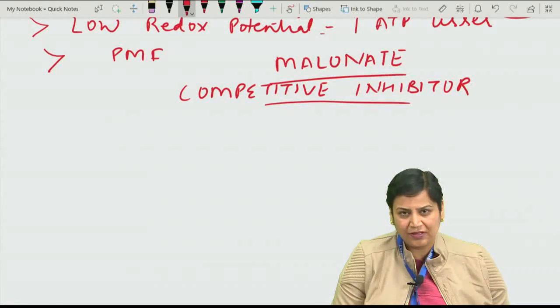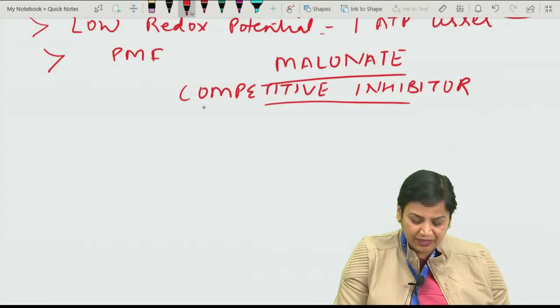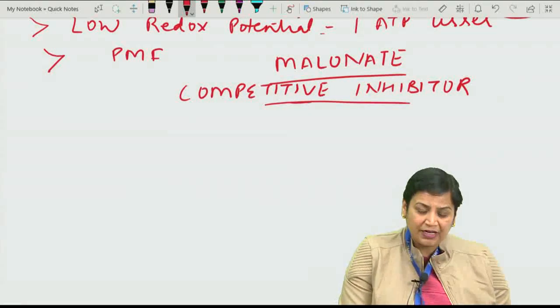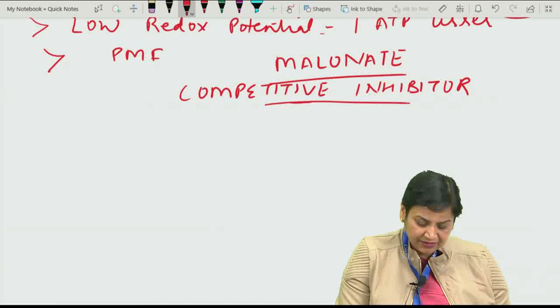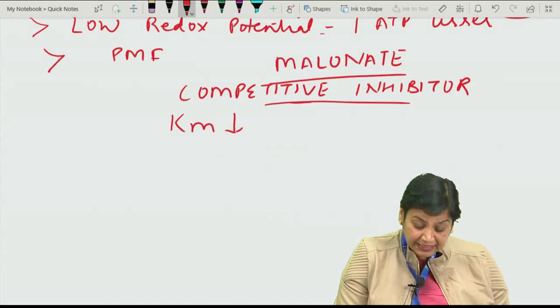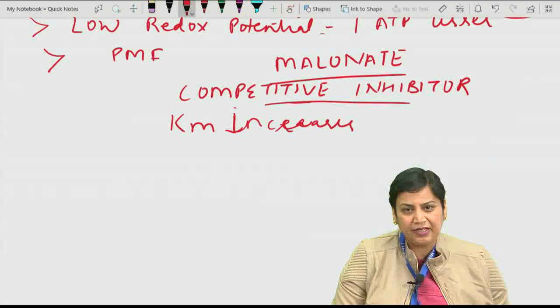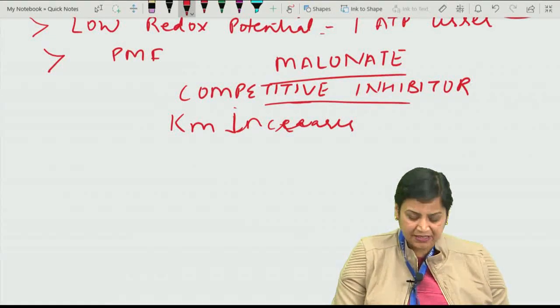The TCA cycle will suffer. Another very important feature which I would like to bring in competitive inhibition is that there is always a change in the Km. Km increases because the affinity of the enzyme with the substrate decreases, because there is a competition between the inhibitor and the substrate.